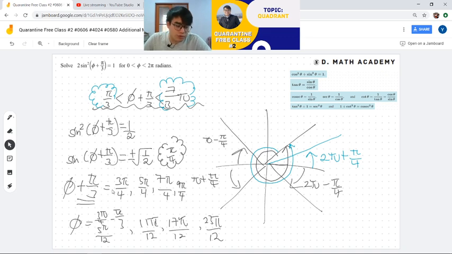So let's work out the question that we have over here. I get rid of the 2 to the other side. So we got 1 over 2 as the result. I got rid of the square by putting a square root. Remember to include the plus minus.